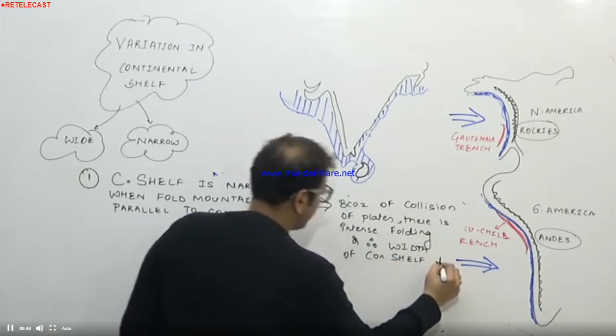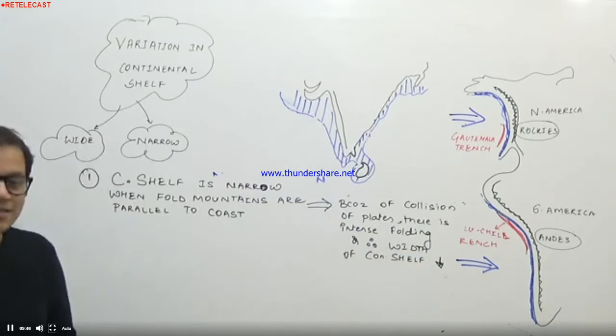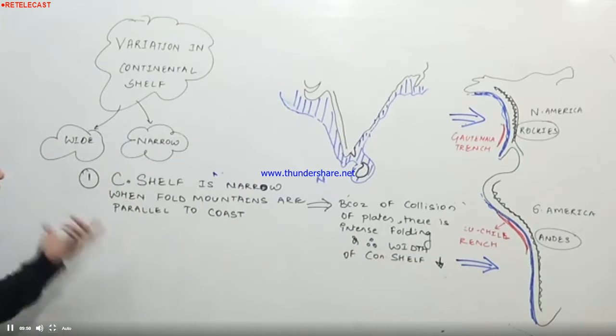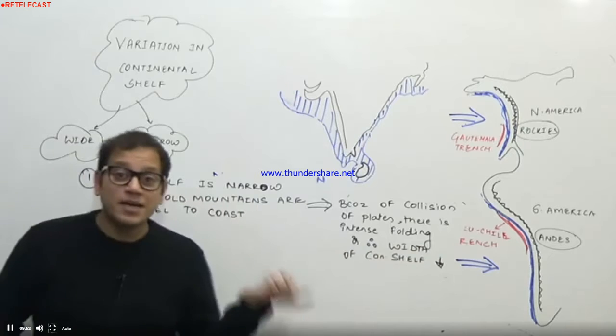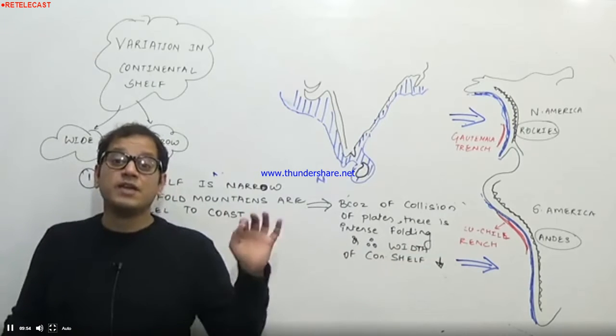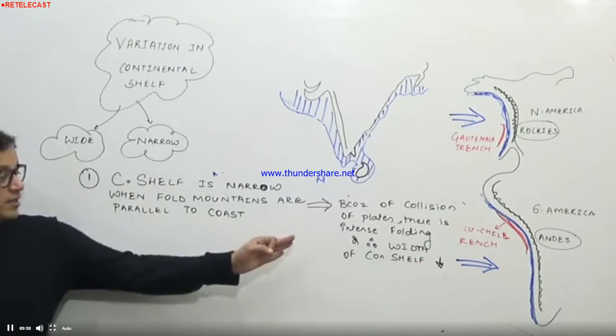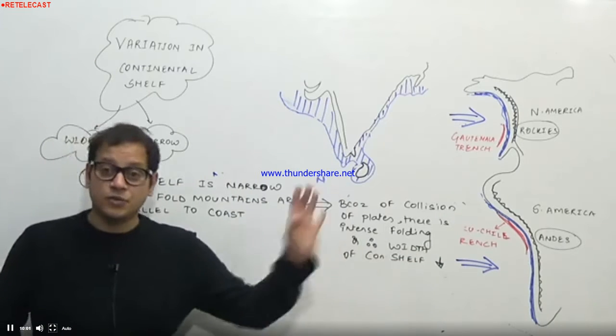Therefore the width of the continental shelf decreases. I hope that you understand this. What I have written here is the continental shelf are narrower when the fold mountains are parallel to the coastline. Why? Because of the intense folding mechanism, the width of the continental shelf decreases. This is what I have written. Decreases I have shown with the arrow.